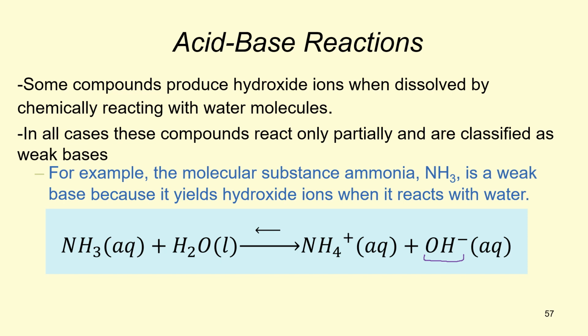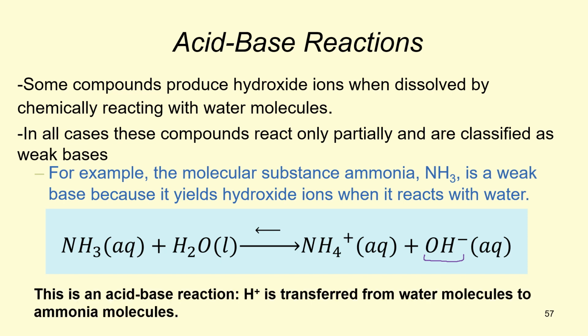Even though on first inspection you don't see the OH, it does produce OH negative when put in water. So this also is an acid-base reaction. The hydrogen ion has left from the water, transferred to NH3, so it becomes NH4, and then leaves the OH negative left over. We do a whole lot more with acid and base reactions in the second semester of chemistry. So this is only an introduction to acids and bases.